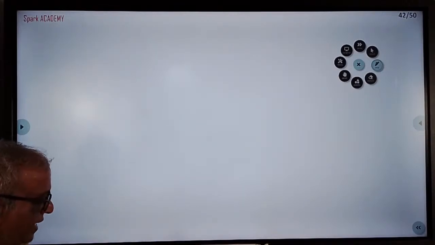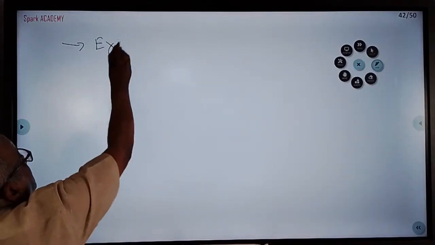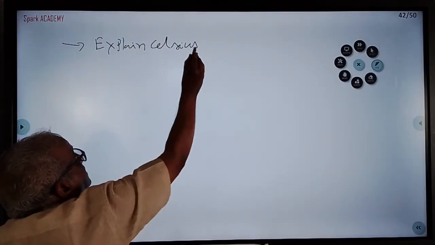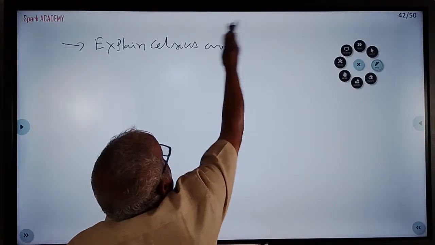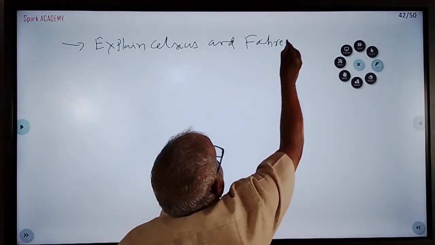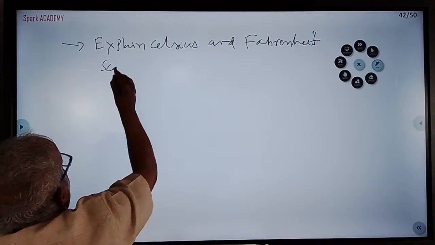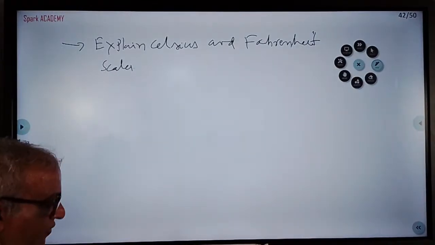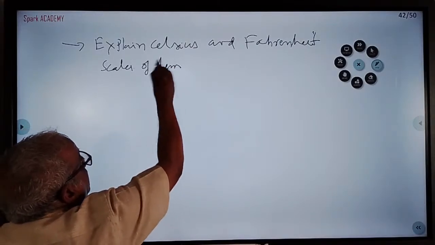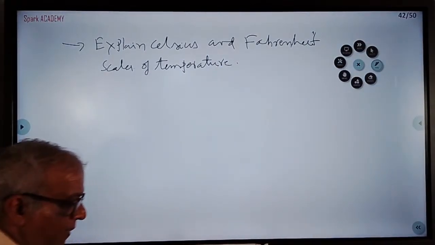Students, one more question: Explain Celsius and Fahrenheit scales of temperature. They are asking this one also. Explain Celsius and Fahrenheit scales of temperature.